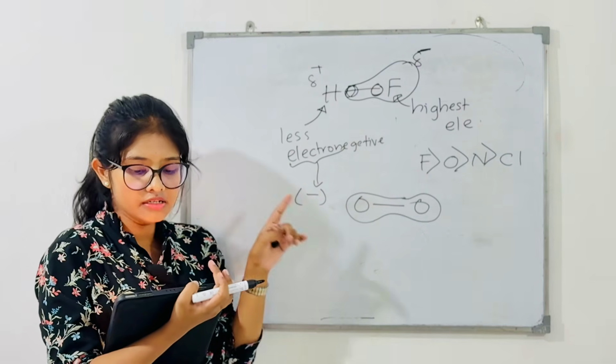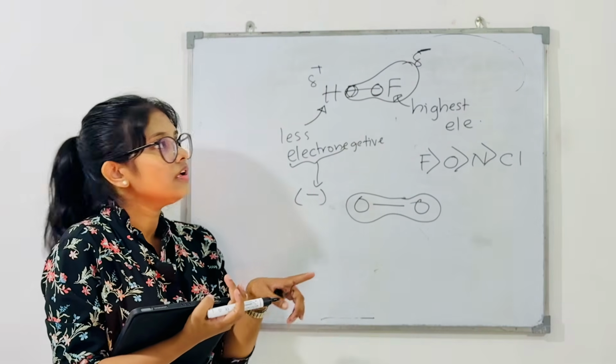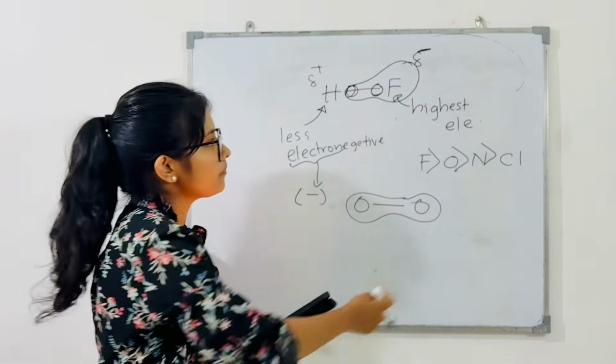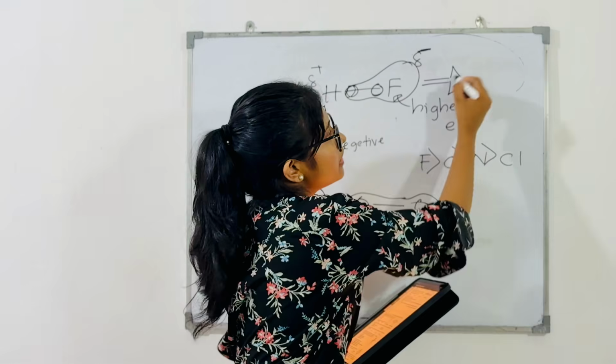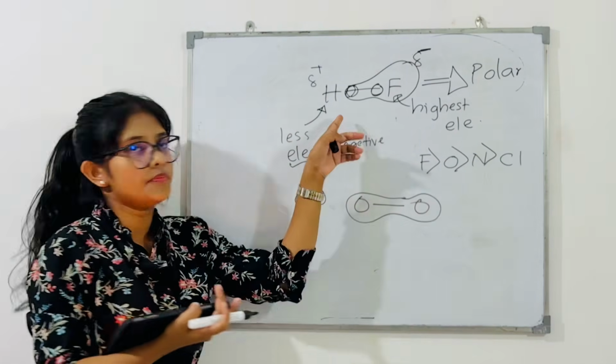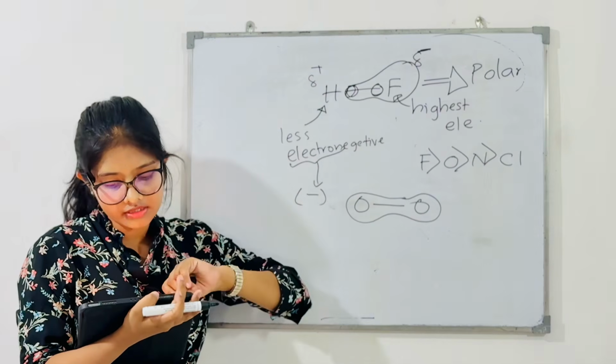The second statement: HF bond is a non-polar covalent bond. If they get charged as positive and negative, you can simply call it a polar compound. So is this non-polar? No, it's polar, right? So the second one is also incorrect.